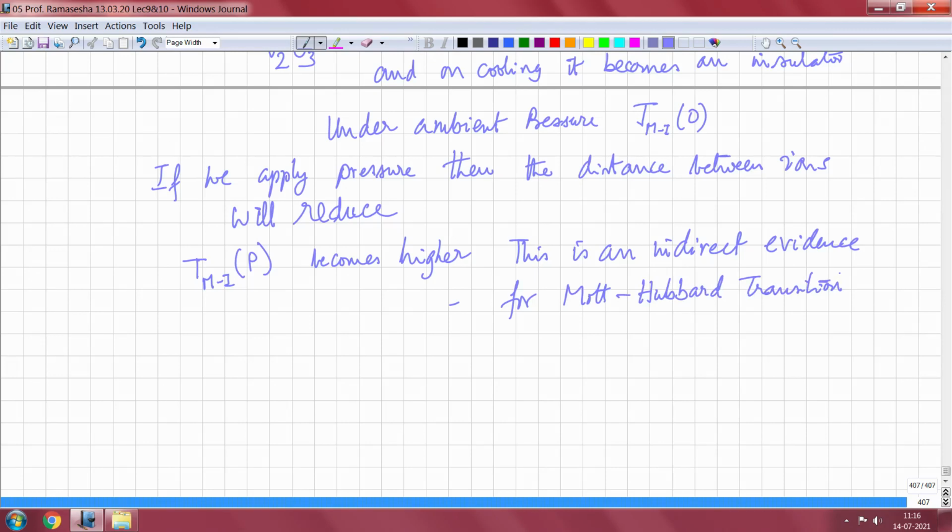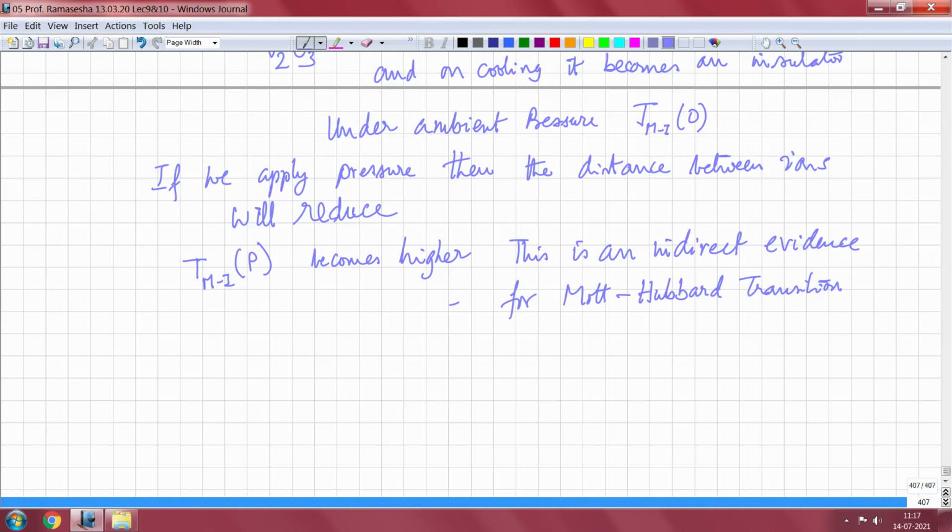So, similar evidence is obtained by actually doping the system with chromium. When you dope the system with chromium, chromium has got a smaller ionic radius, simply because chromium comes to the right of vanadium in the periodic table.